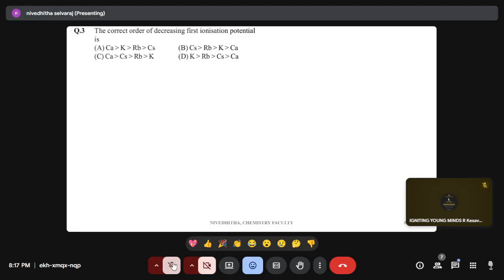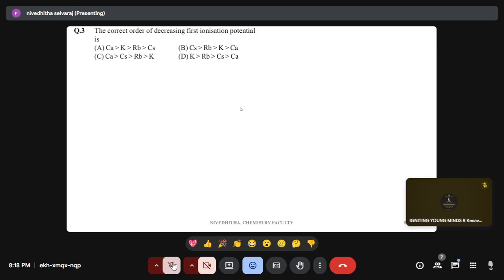They are talking about four elements: potassium, rubidium, cesium, and calcium. So, based on the position of these elements in the periodic table, we have to arrange these elements based on its ionization potential. So first, please place these elements in the periodic table and try to crack this question.